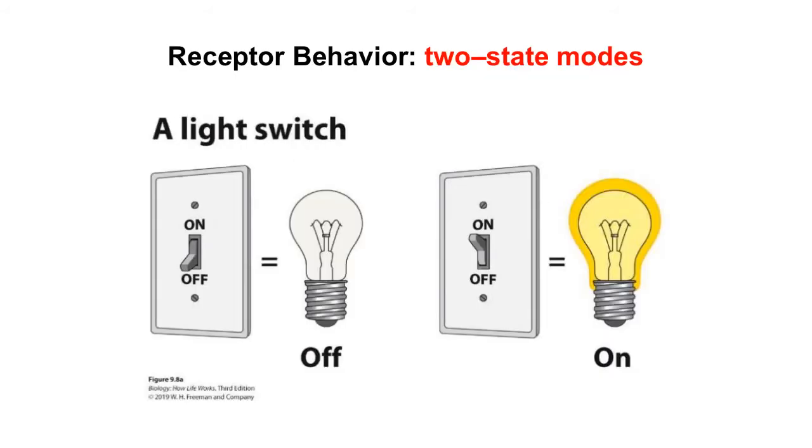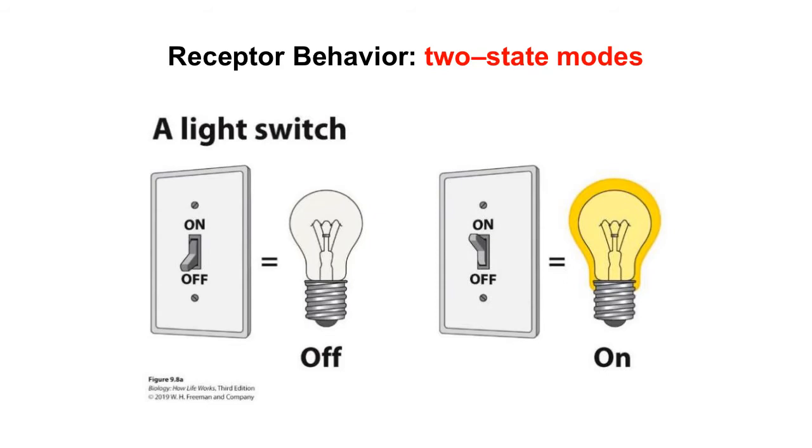Okay, so by looking at the way signaling receptors behave, we can now try to envision a very useful conceptual metaphor or analogy for how the receptor behaves. As we saw earlier, a receptor is activated after a signaling molecule binds to its ligand binding site.